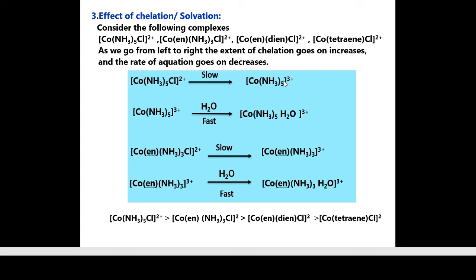So as a result, the RDS of this reaction would be slower than that of this complex, because this complex already contains a bidentate ligand, meaning a chelate ligand, which gives an intermediate of bigger size than this one.